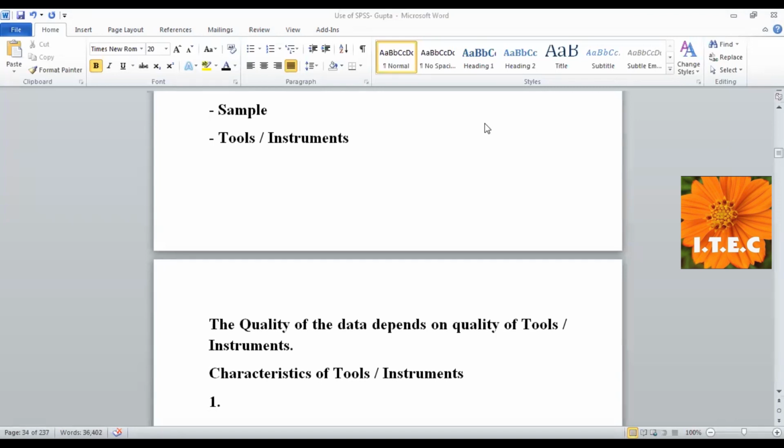So the question paper will be the tool. And you know, it is called achievement test. So that means if the characteristics of the tool is good, then the data which you will get will also be of good quality.